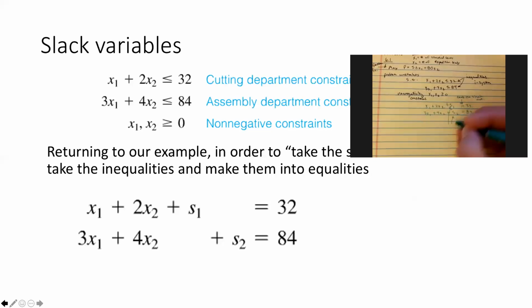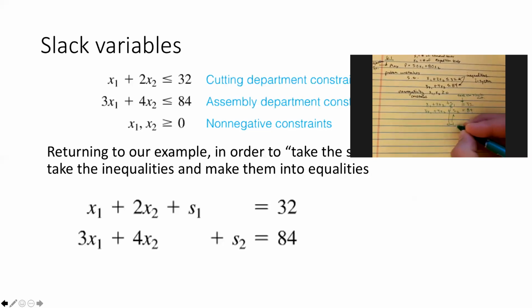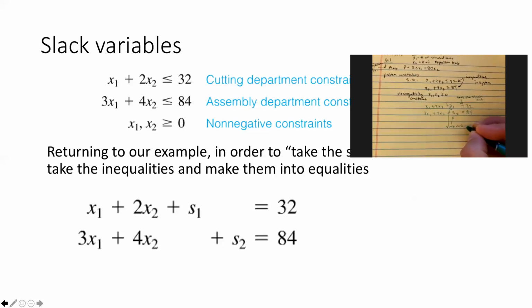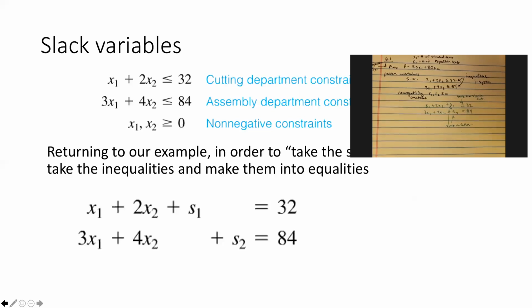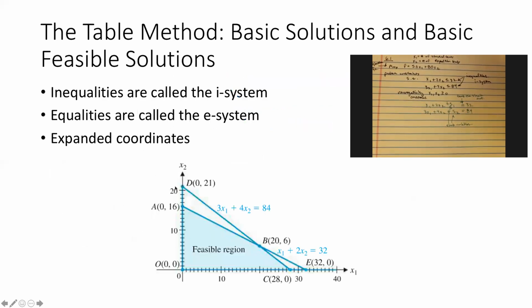It's also on this PowerPoint slide, so you can see that there too. I'm sorry if that's a little small font, but I think you can see from the slide that we're on. Okay, some terminology for understanding the table method. The inequalities are called the I system, and the equalities are called the E system.